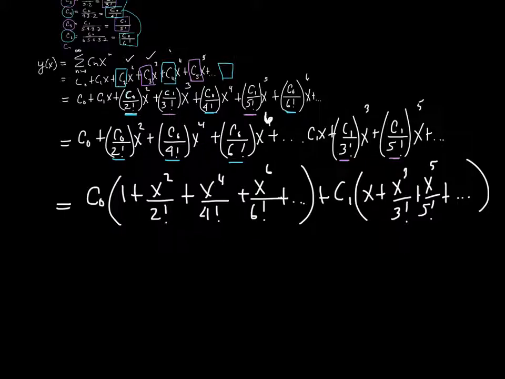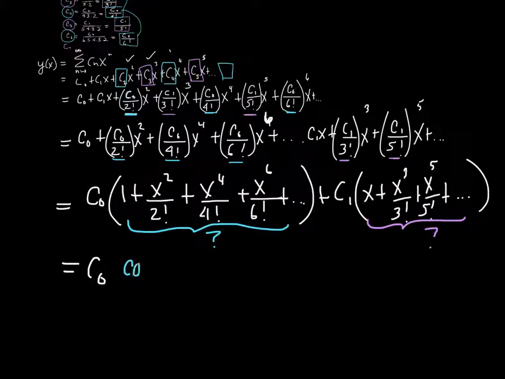Does this remind you of any of the familiar transcendental power series on page 195? If you look on page 195, the blue is actually hyperbolic cosine of x, and the purple is actually hyperbolic sine of x, or sinh of x.